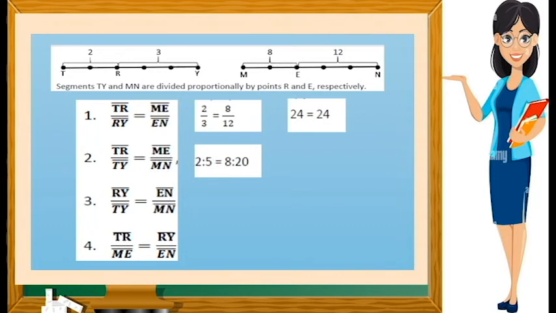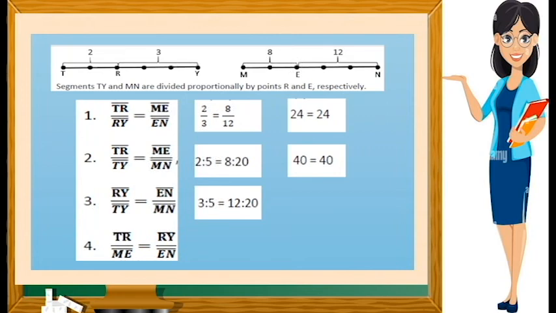ME is equal to 8, and segment MN is equal to 20. 8 plus 12 is equal to 20. Multiply the extremes and the means. 2 times 20 is 40, and 5 times 8 is also 40. Again, they are proportional.